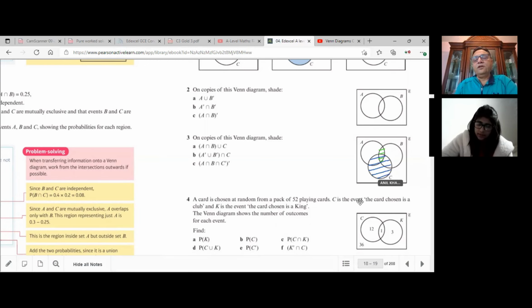So when you do the union of one with the intersection of the other, that is how you get this part plus all of C.